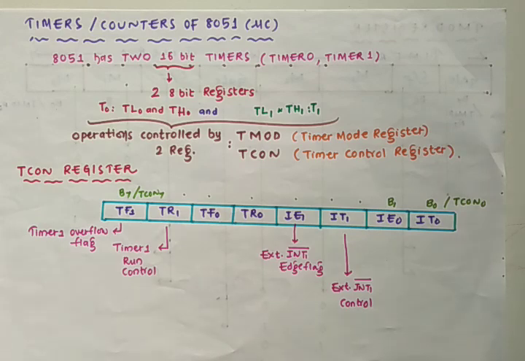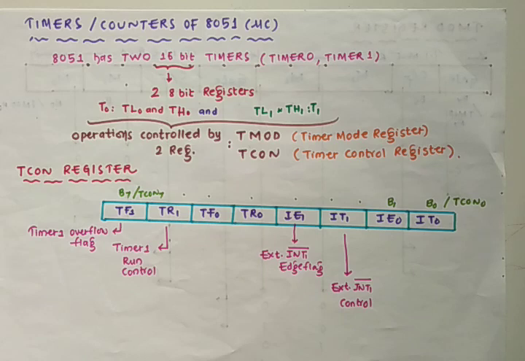Here we have two timers, timer 0 and timer 1. Timer 0 is 16 bits wide and timer 1 is also 16 bits wide.